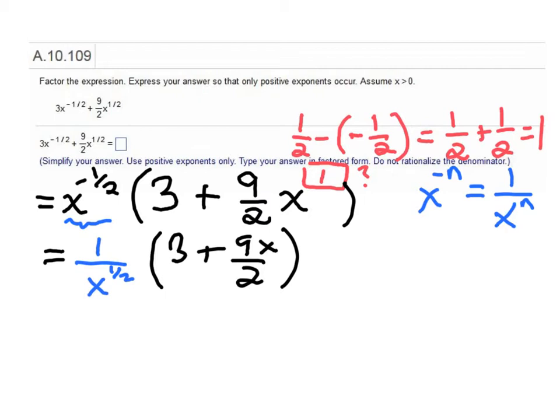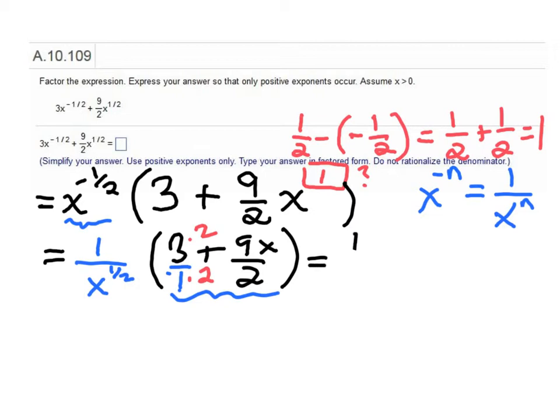Okay, so now I want to try to combine these terms. I want to try to write this as a single fraction so I can get this thing in factored form. Right now, that 3 there, we can think of as 3 over 1. If I want to combine what's in the parentheses here, I need a common denominator to be able to combine those fractions. So I need to multiply top and bottom times 2.